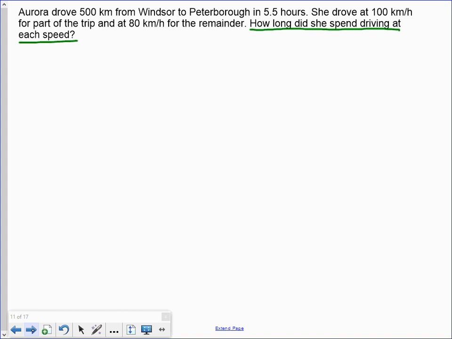If they're asking us how long she spent driving at each speed, they're asking us for a time. So when we set up our variables, we are going to set up variables for the time.